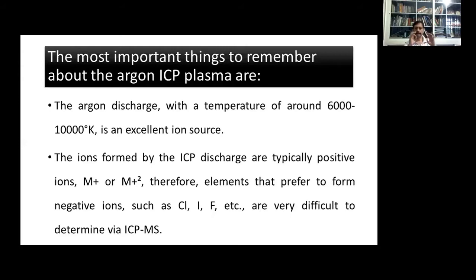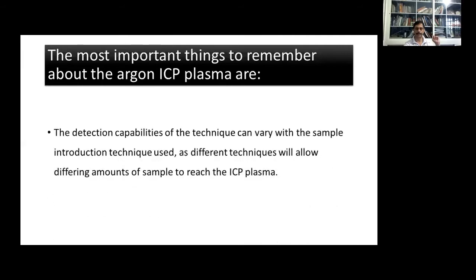The ions that are formed by the ICP discharge are typically positive, M plus or M plus 2. Therefore, elements that prefer to form negative ions like chlorides, iodides, fluorides are very difficult to determine via ICP-MS. This is the limitation that you have to keep in mind.